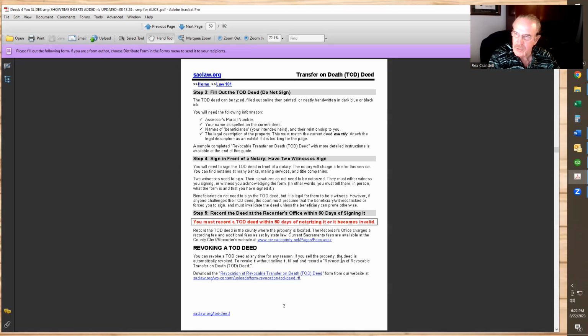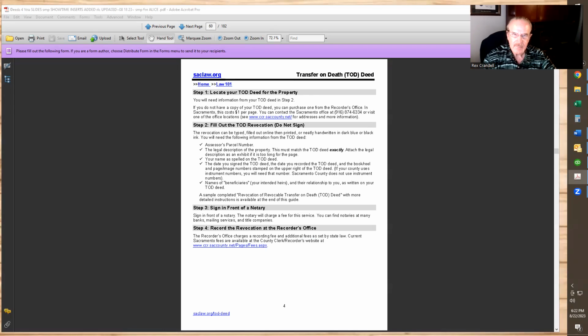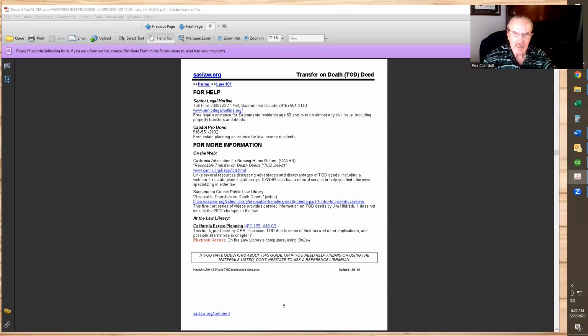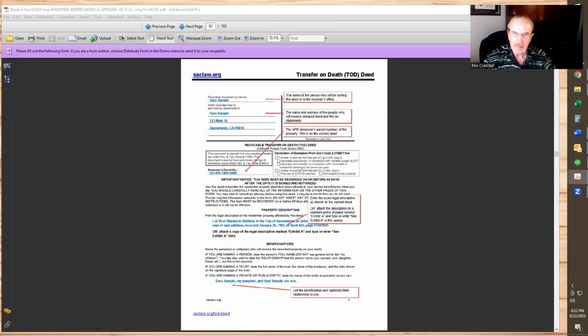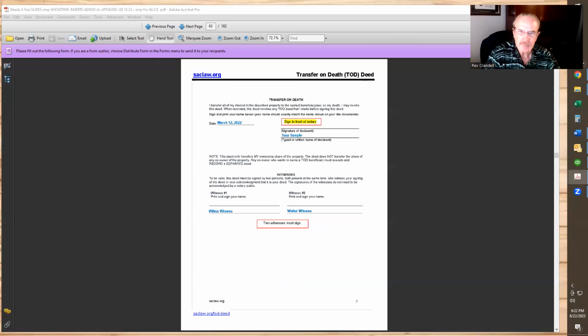It's just that if you want to change it, you have to go back and record another document with the county. And if it fails, you're going right into probate. So this is with the bubble examples, how to fill out the form itself. And here's what I'm saying: you have the person signing it in front of a notary plus two witnesses.